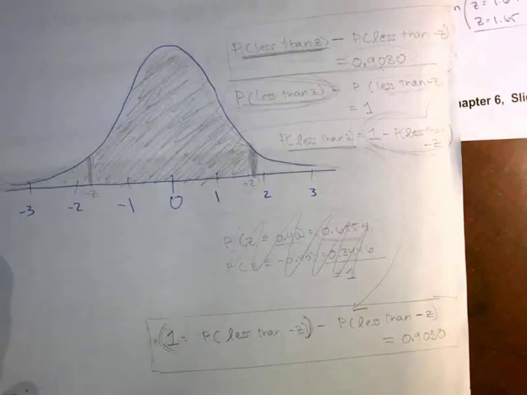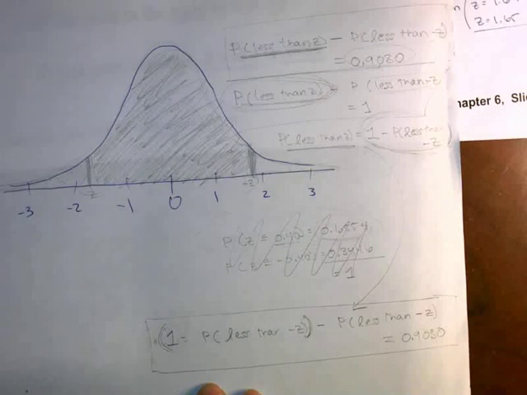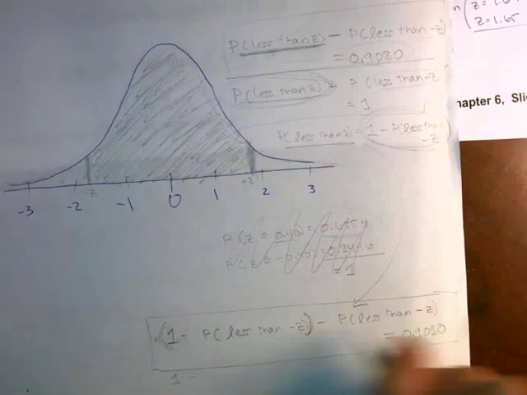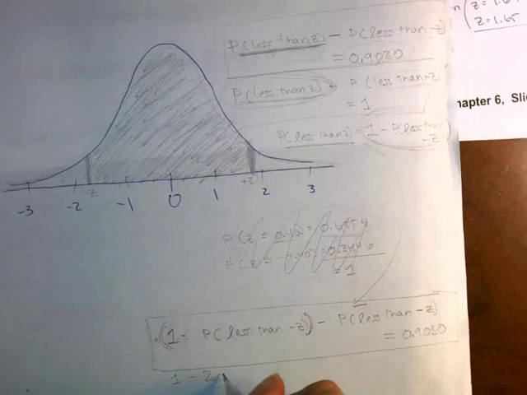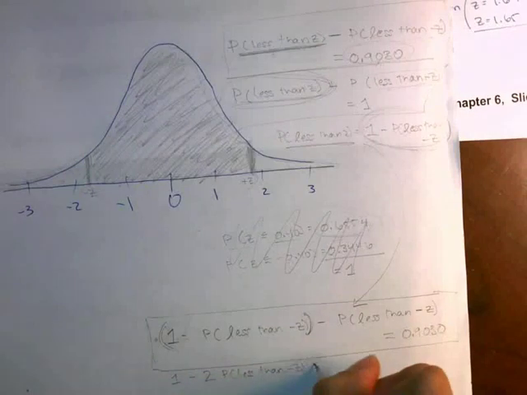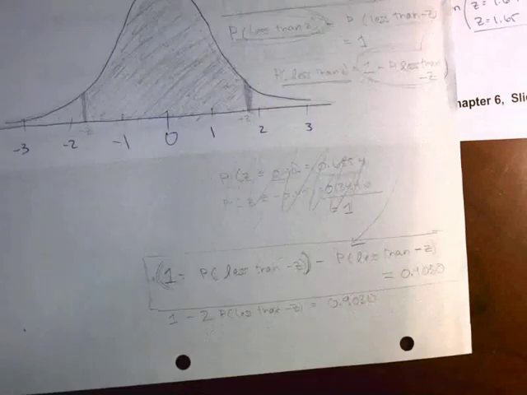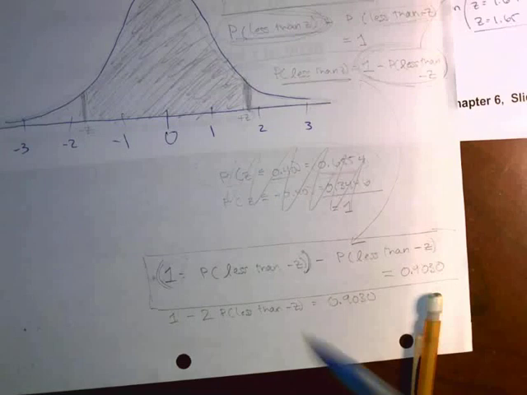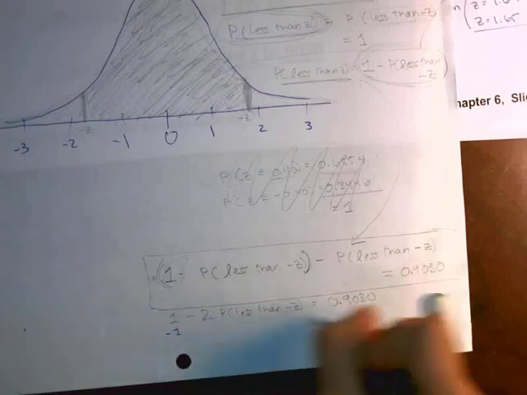And now I have this equation here that only has one thing that I don't know, the probability that it's less than negative z. So let's solve for it. So I'm going to go 1 minus, there's 2 of these, so negative 2 times the probability that it's less than negative z is 0.9030.